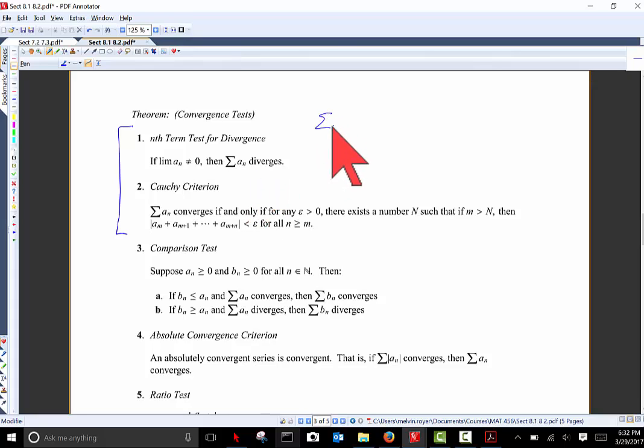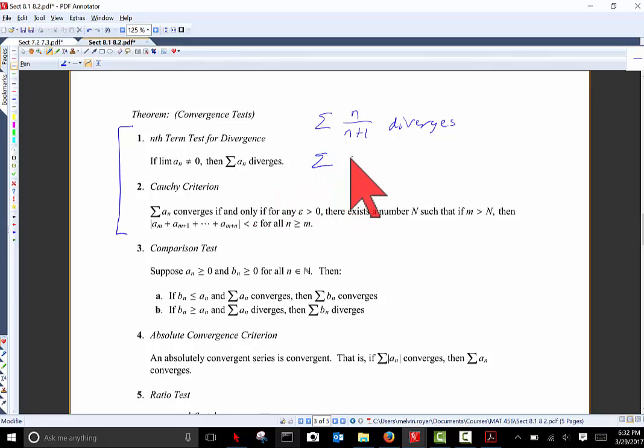So, for example, if I have a series like the sum of n over n plus 1, as n gets large, this term goes to 1, not to 0 in the limit, and therefore this thing diverges without any further discussion. But notice the converse is not true.